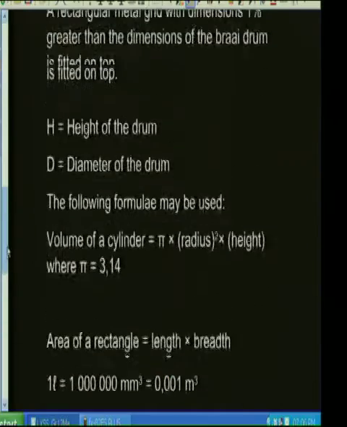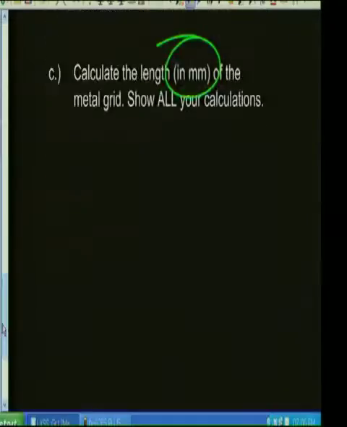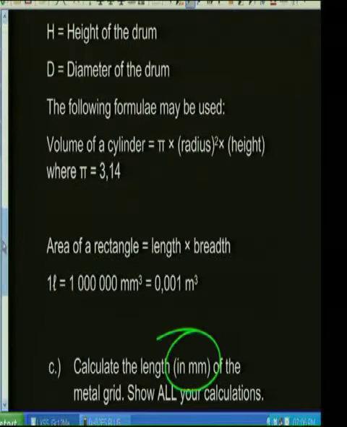Now, folk, if we look at the metal grid, remember we discussed this, the length of the metal grid is exactly the same as the height of that drum. So the length of the grid has got to be the same thing as the height of the drum. So let's have a look at that. But what we're going to say is this. We were given this formula.